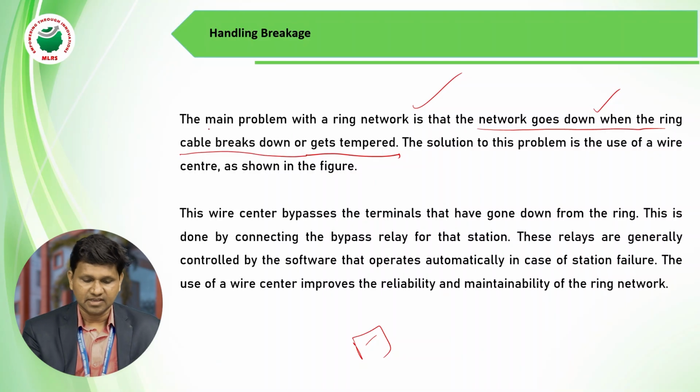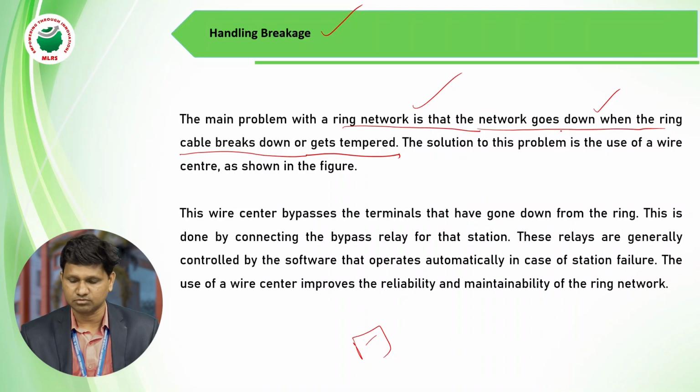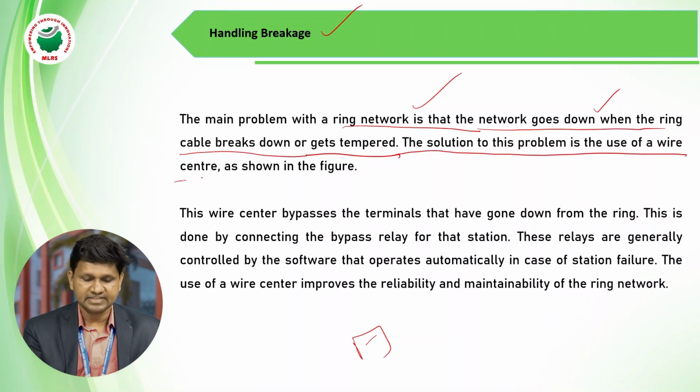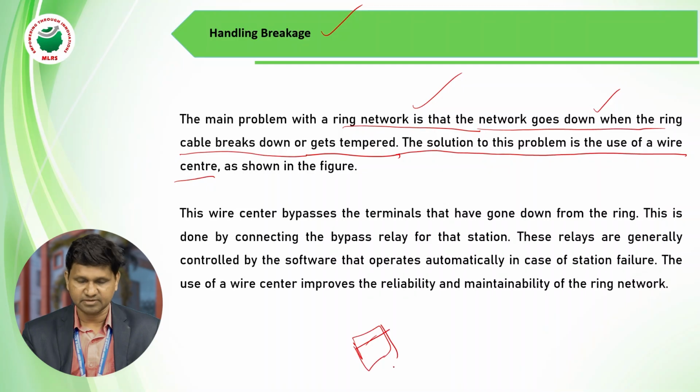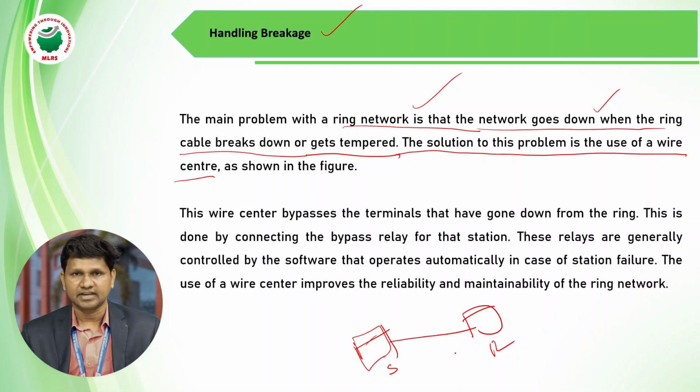Handling breakage. The main problem with a ring network is that the network goes down when the ring cable breaks down or gets tampered with. The solution to this problem is the wire center. Let me discuss one example. Suppose I have a sender and a receiver, with a transmission medium between them.